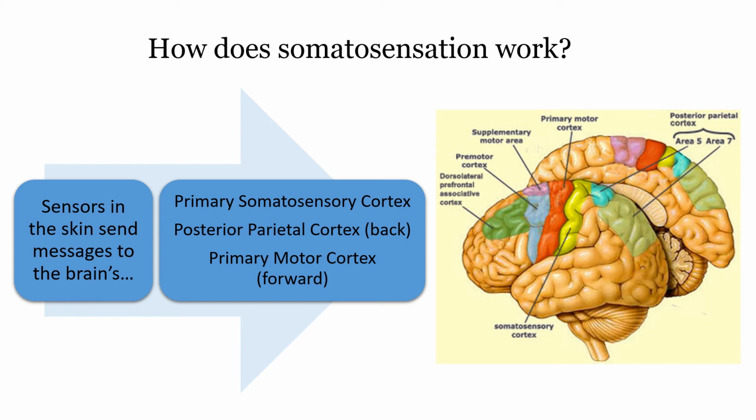And the way we experience touch and also react to that touch is a byproduct of not only what's happening on this primary somatosensory cortex, but also the information that gets processed in the areas that the information is then sent to. What's called the posterior parietal cortex, which is the area behind the primary somatosensory cortex, and the primary motor cortex, which, as we mentioned before, is in front of the primary somatosensory cortex, and is really involved in the first initiations of movement.